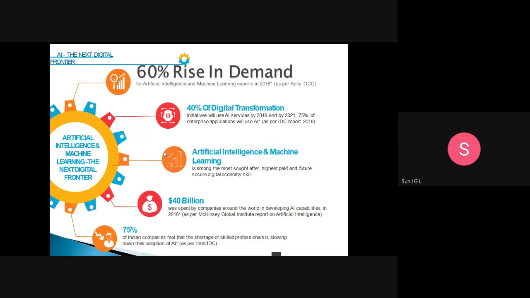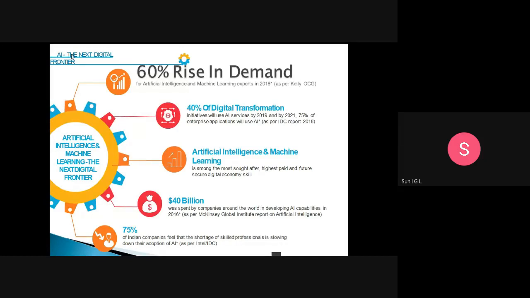So why artificial intelligence and machine learning? Why is it important and why has it become the next digital frontier? Because in machine learning or artificial intelligence in the IT industry, you will have a good career. A lot of scope and a lot of opportunities are available nowadays.